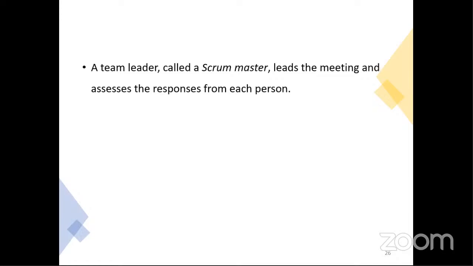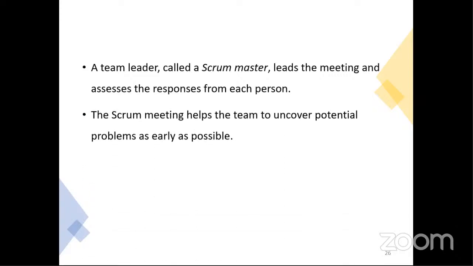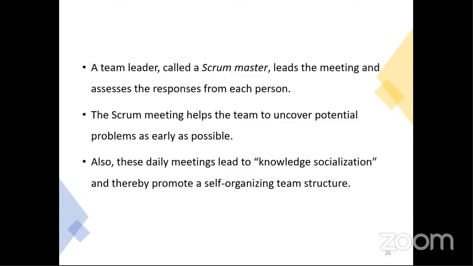A team leader is called the Scrum Master, who leads the meeting and assesses the responses from each person. The Scrum meeting helps the team to uncover potential problems as early as possible. Also, these daily meetings lead to knowledge socialization, thereby promoting a self-organizing team structure, which is an agile principle.